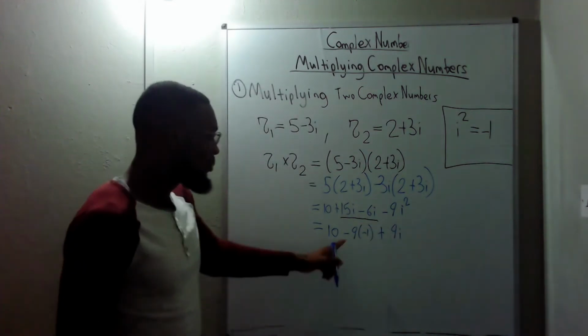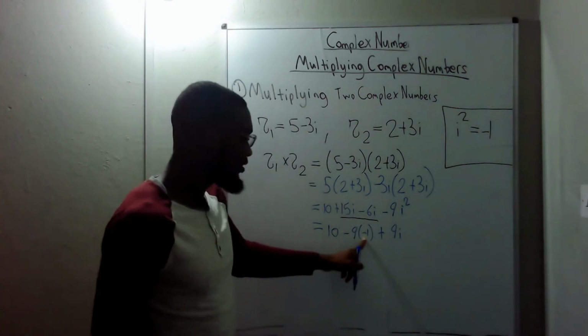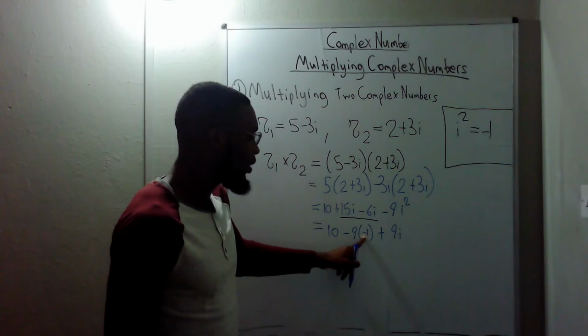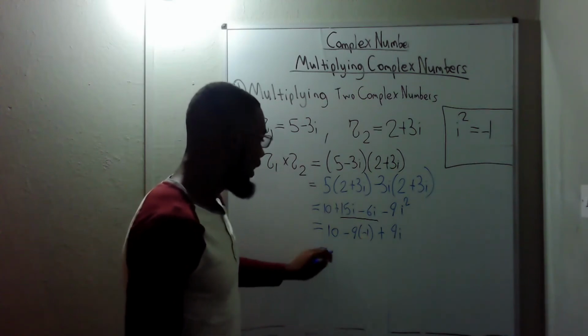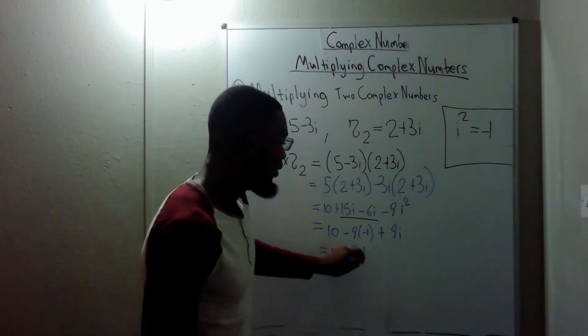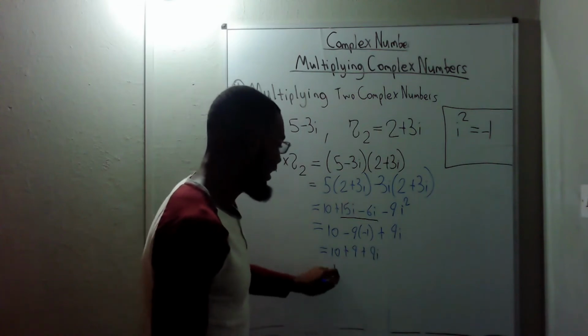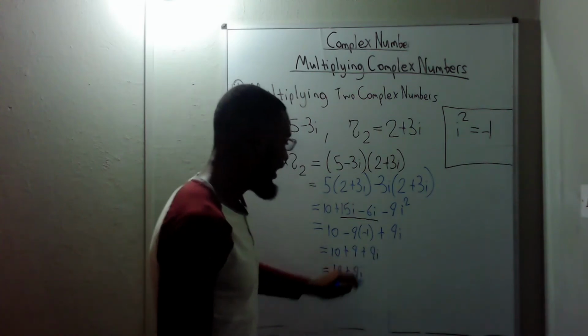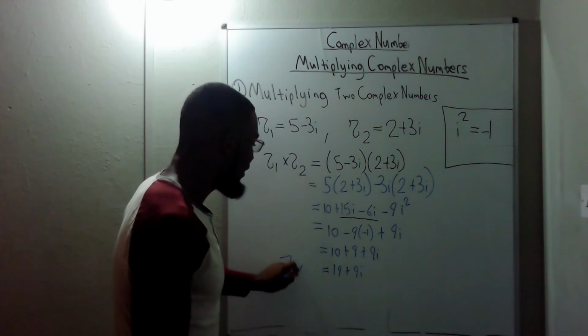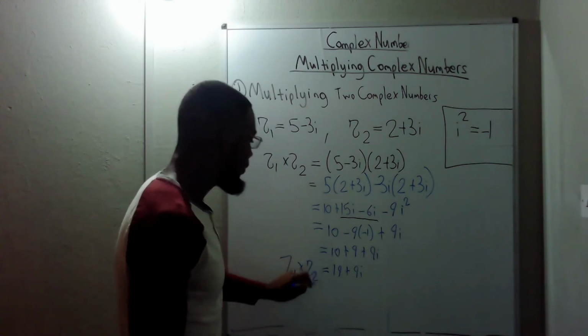So in this case, minus and minus become plus, minus 9 times minus 1 is plus. So now we have 10 plus 9 plus 9i. 10 plus 9 is 19. That's 19 plus 9i. So that's going to be z1 times z2.